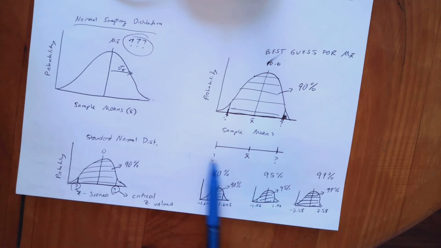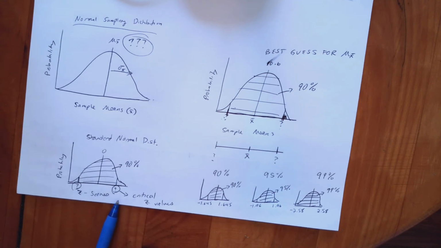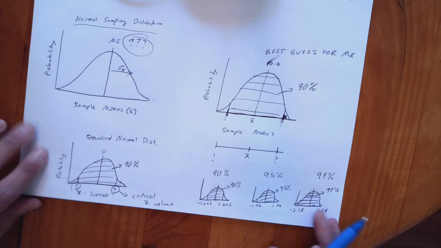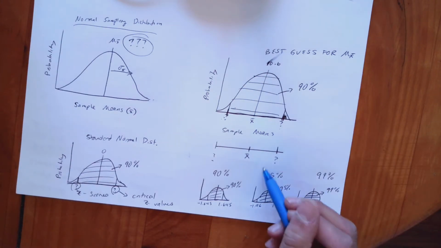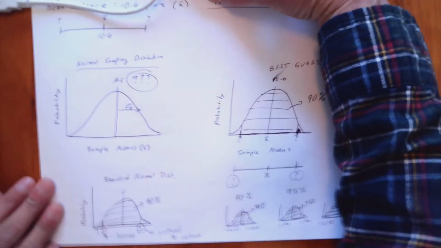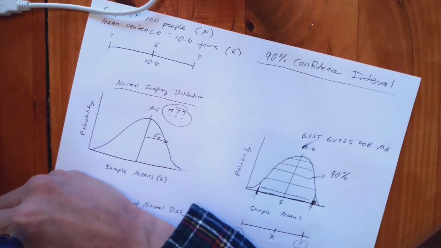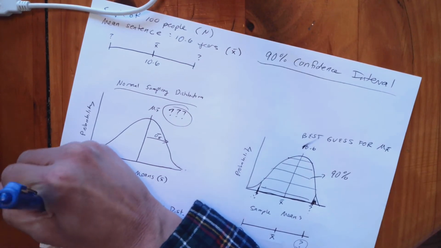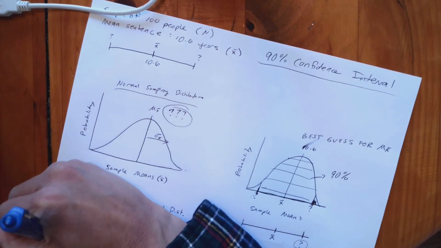We're going to get our 90% confidence by converting everything to a standard normal distribution and figuring out which z-scores include 90% of the area under the curve. And we're going to be using those to calculate our range of values and fill in these question marks that we have here. So these are your critical z-scores, and that's what they are and where they come from.